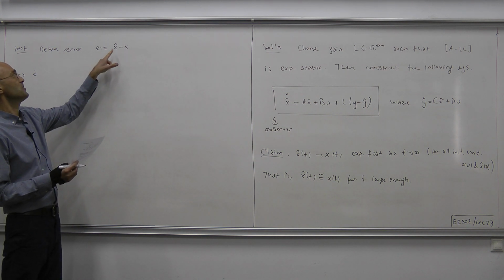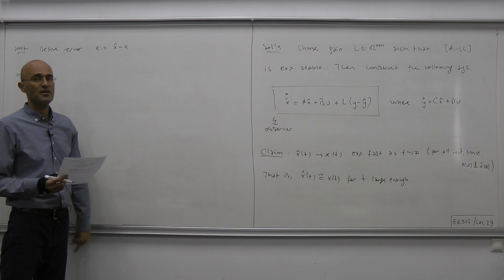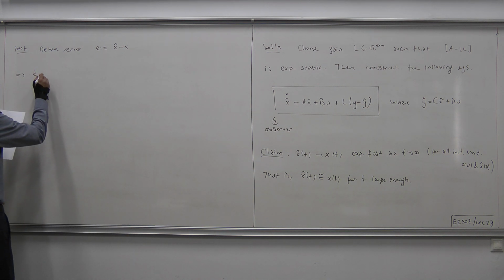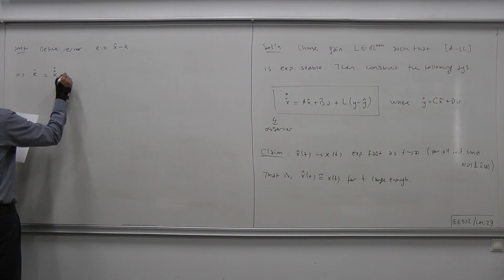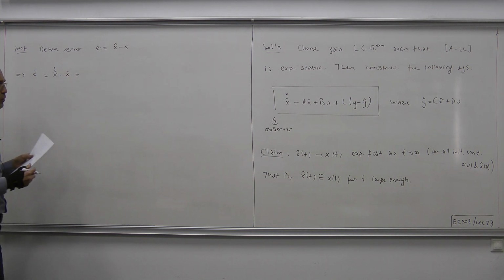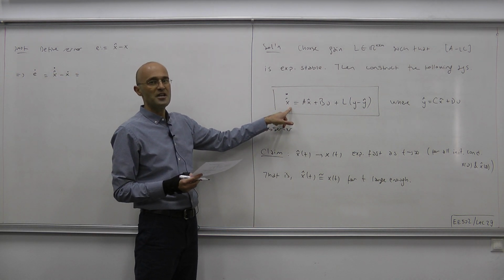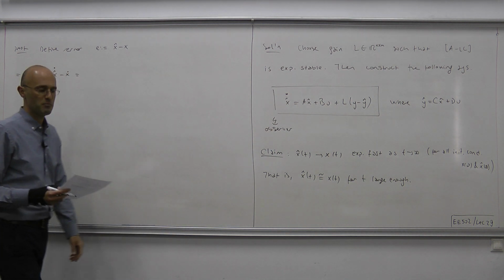By definition, E dot is x hat dot minus x dot. Now x hat dot is here, and x dot is Ax plus Bu.